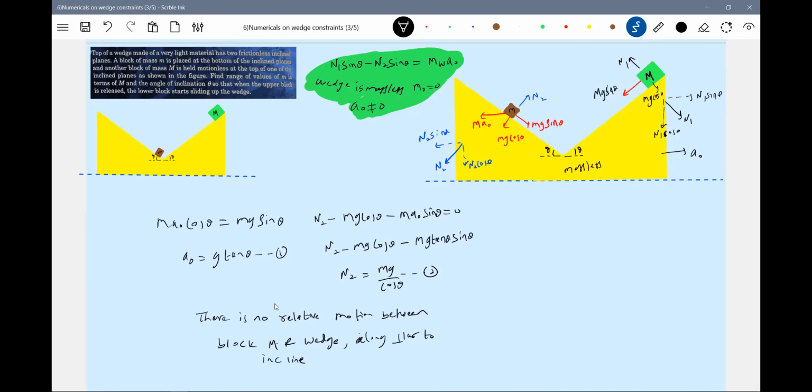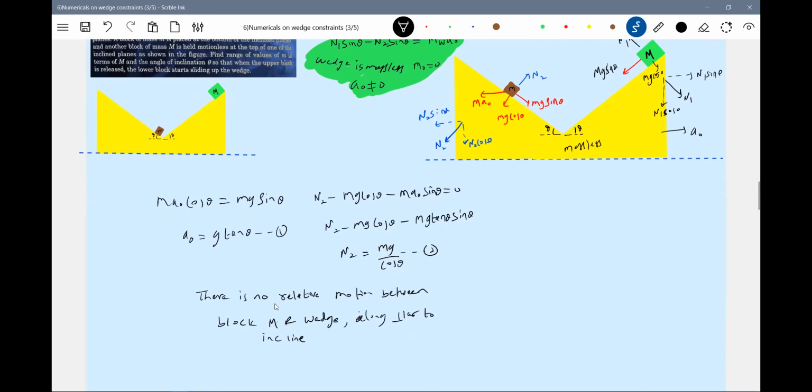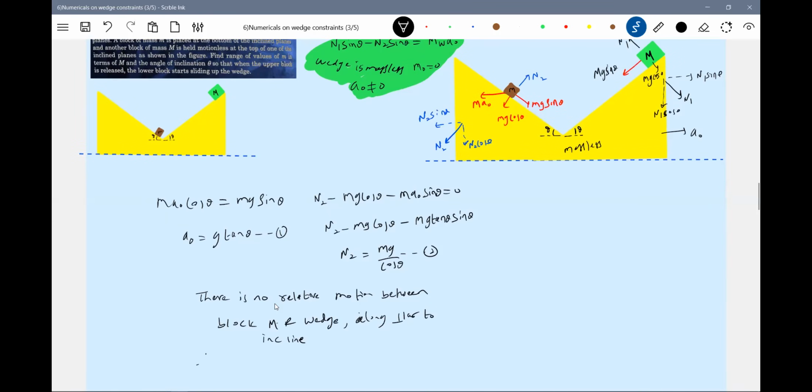So based on this I'm going to write N1 minus M1 g cos theta minus M1 a naught sin theta. This you should know how to justify.